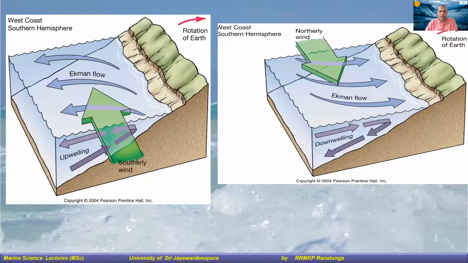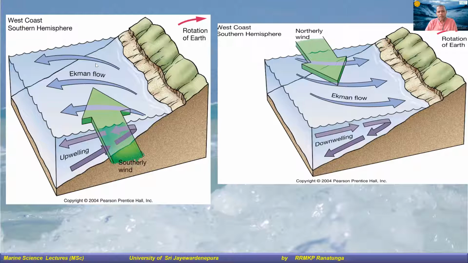there are two graphics here. In your left one, you see this is in the southern hemisphere. You imagine a coastal zone in the southern hemisphere somewhere. Now the wind is blowing from south towards the north, like here. You see the wind blowing in this direction to the north.